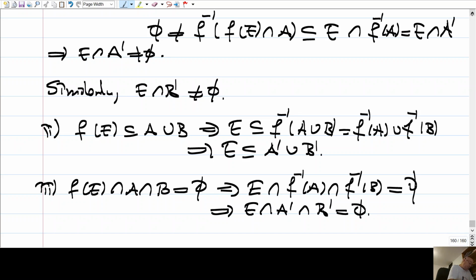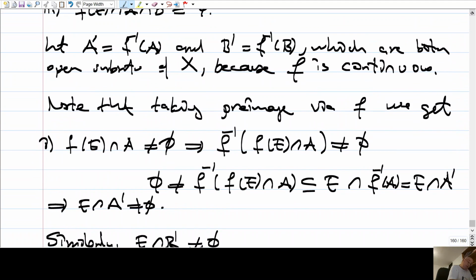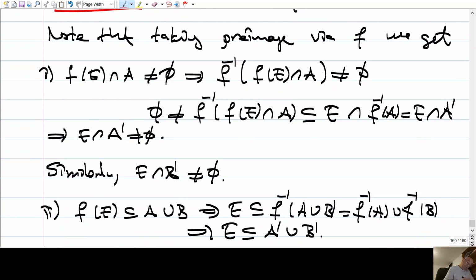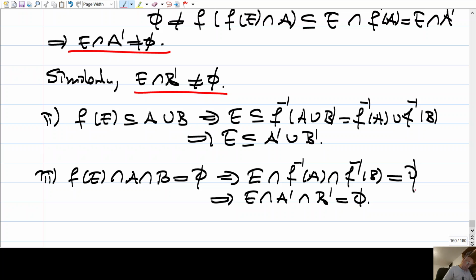Now, let me summarize. I have two open subsets of X, and they satisfy this condition and this condition, together with this condition and this condition. All these conditions tell us that E is disconnected.